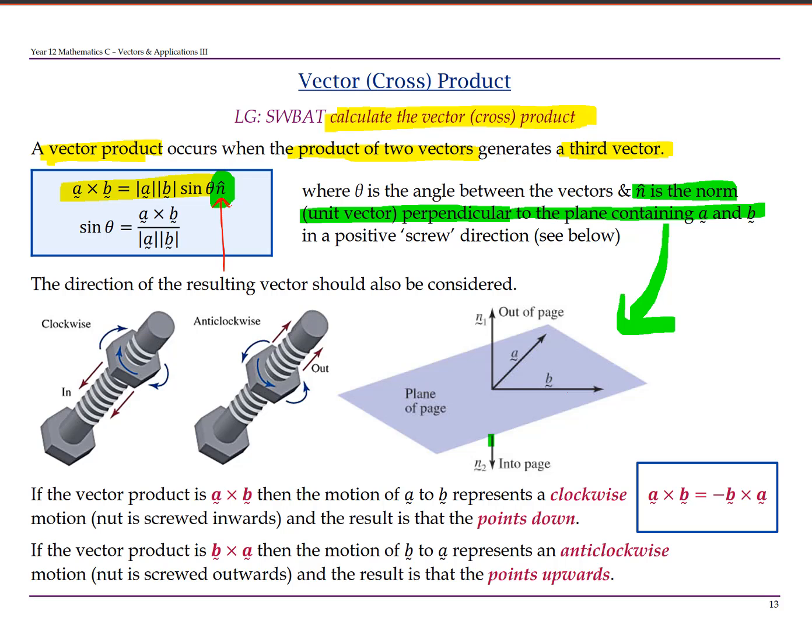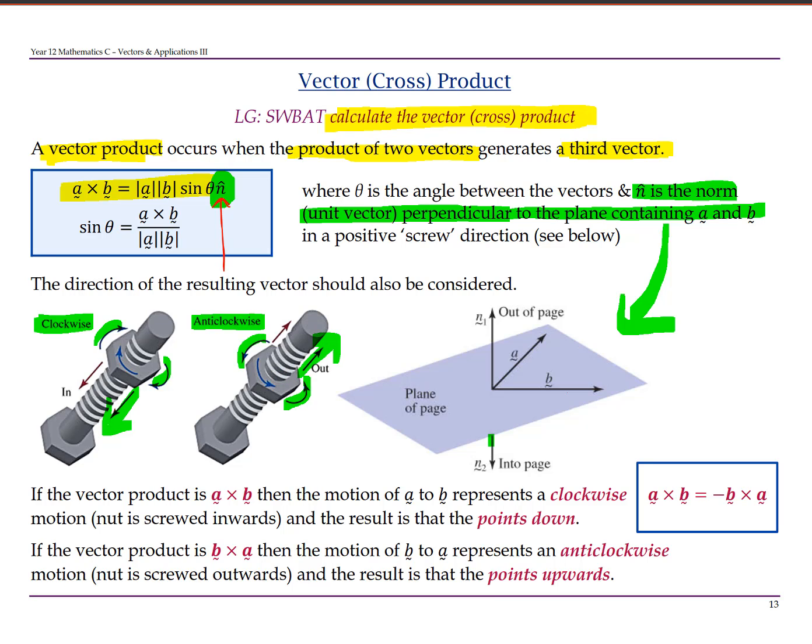So if we look at the screws that I've presented here, if I'm going clockwise, the bolt is going in a clockwise direction, which you can see from the arrows there. That bolt is going to go down. In contrast, if we're going anti-clockwise, you can see the arrows going anti-clockwise here, that bolt will move up.